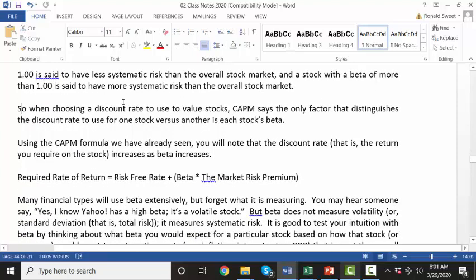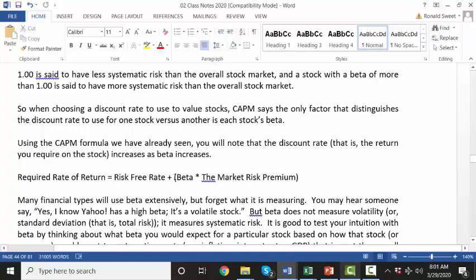So when you're choosing your discount rate to value a stock, CAPM says the only factor that distinguishes one stock versus another is beta. So the capital asset pricing formula takes the risk-free rate plus beta times the market risk premium. If the beta of your stock is 1, then the return on your stock should just be the return that you'd expect on the overall stock market.